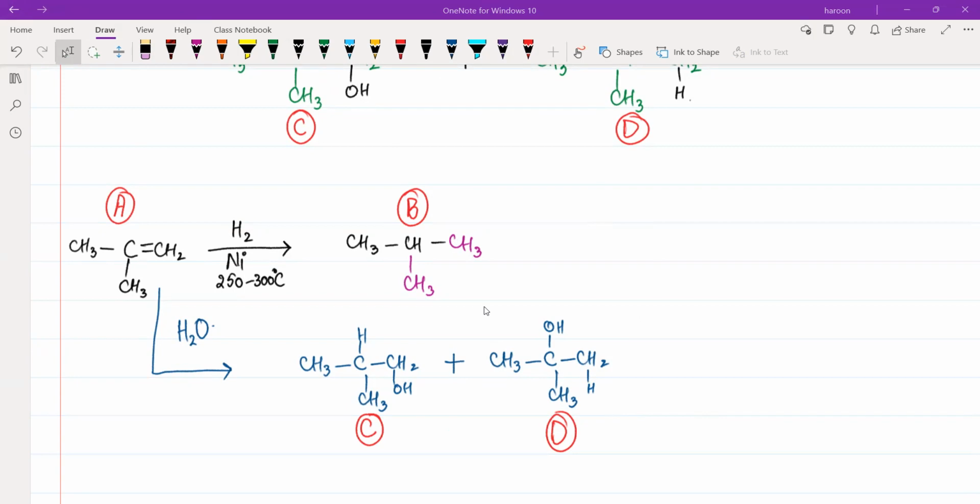So the next question. This question is linked with the nomenclature.